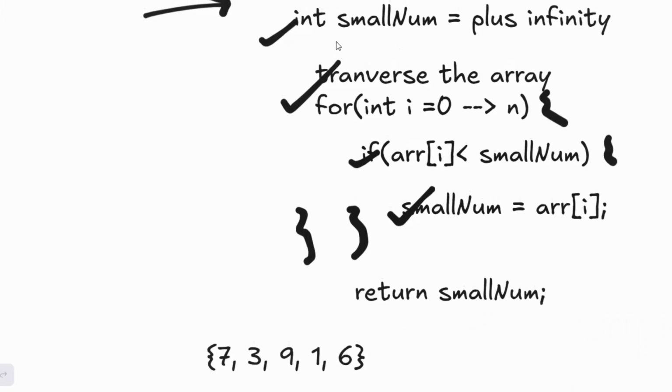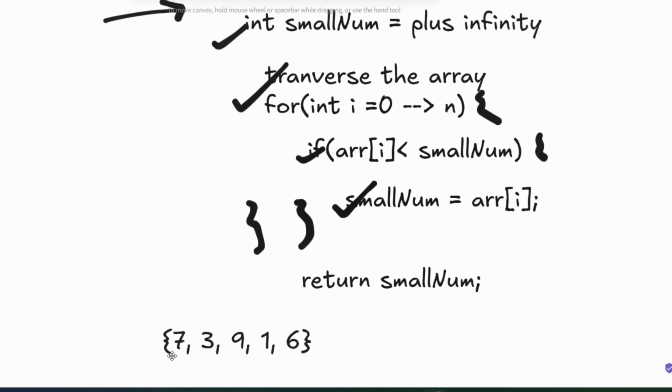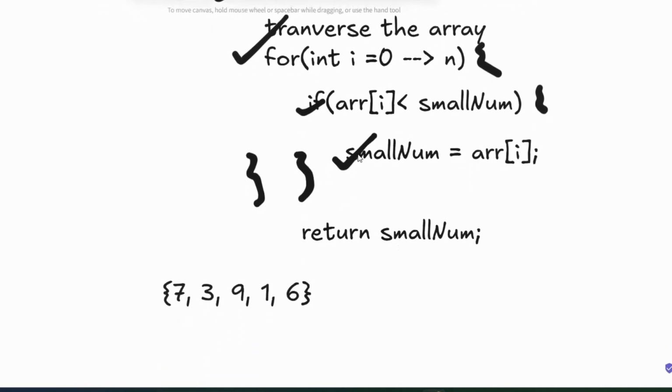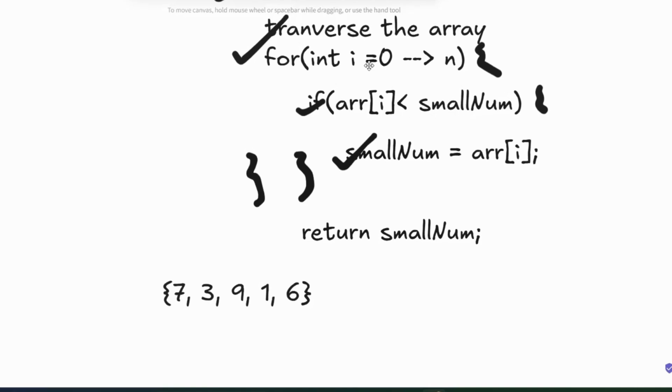First initialize the variable small num to plus infinity. Then we traverse the array. After that we check if our array of i is less than small num, that is infinity.